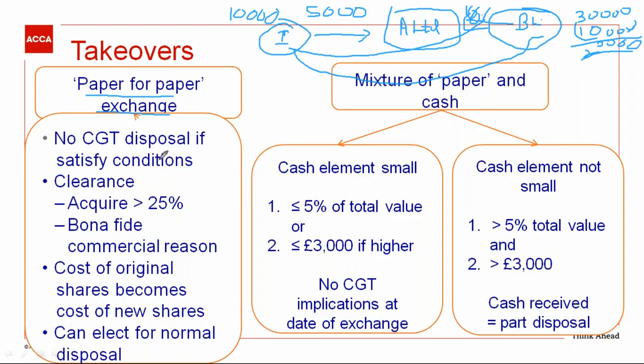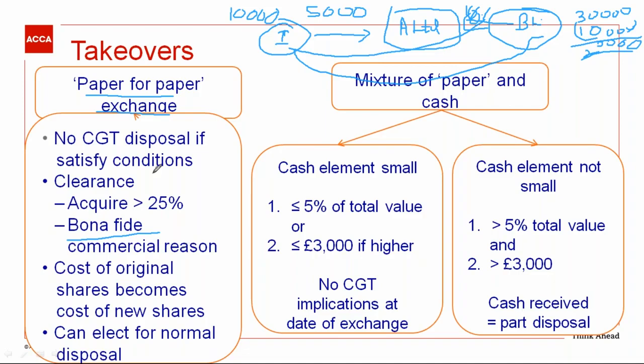One important condition is that, as a result of the takeover, the other party, B Limited in this situation, should acquire more than 25% of the company, and it has to be a genuine commercial transaction. Bona fide means in good faith. So it has to be a proper, genuine commercial transaction.